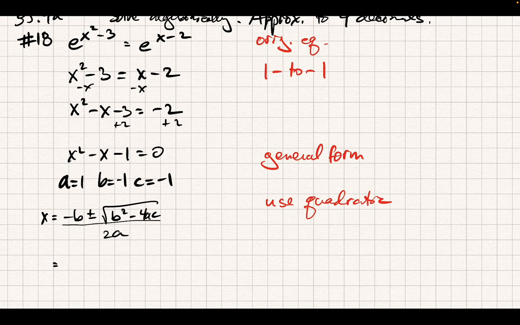Negative of negative 1, which is 1, plus or minus the square root of negative 1 squared, which is 1, minus 4 times 1 times negative 1.